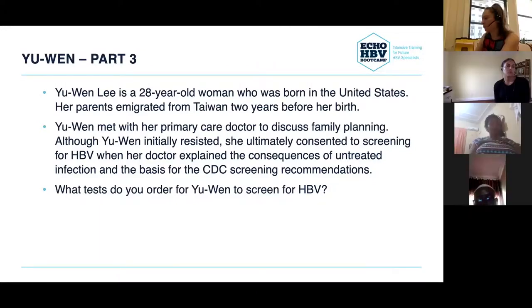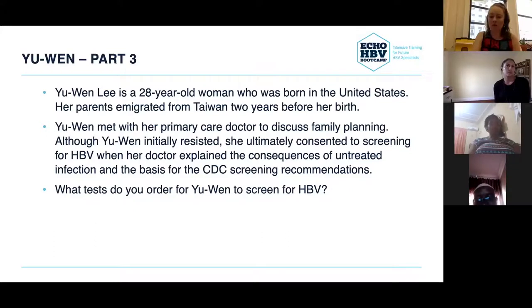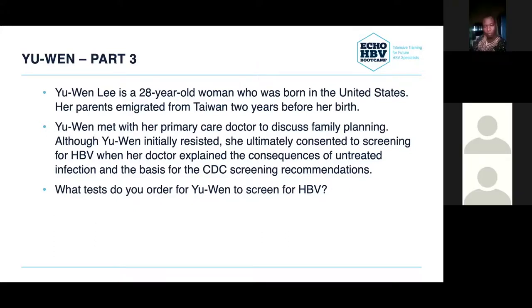Thank you. So it's really helpful to hear in different settings what the initial tests are. We've heard folks raise the issue of cost and that influencing what you do for your initial tests. So it sounds like some folks start with a surface antigen test and use that as the gateway. If that's positive, then additional tests are ordered.